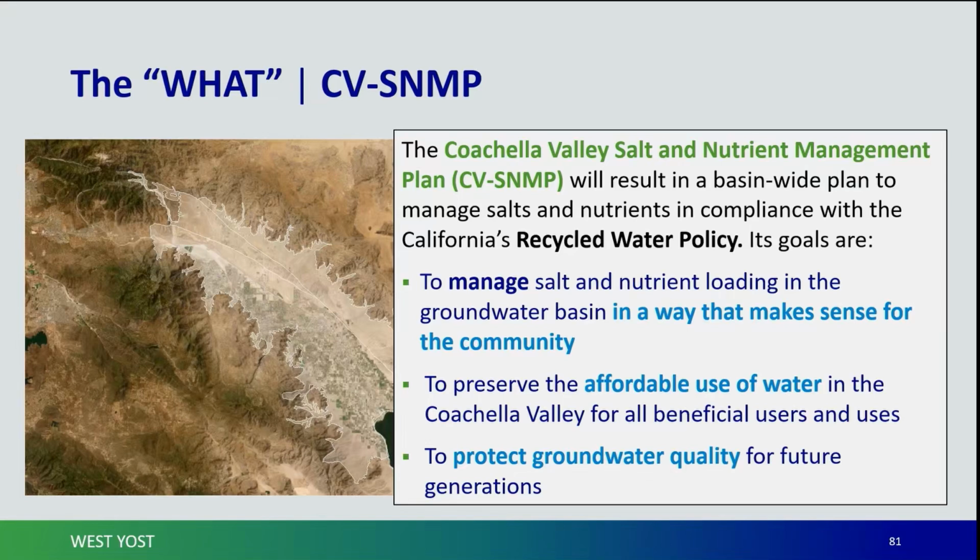The goals of this plan are to manage the salt and nutrient loading in the groundwater basin in a way that makes sense for the community, based on the different beneficial uses or land uses of the area, to preserve the affordable use of water in the Coachella Valley for all beneficial uses, and to protect groundwater quality for future generations.